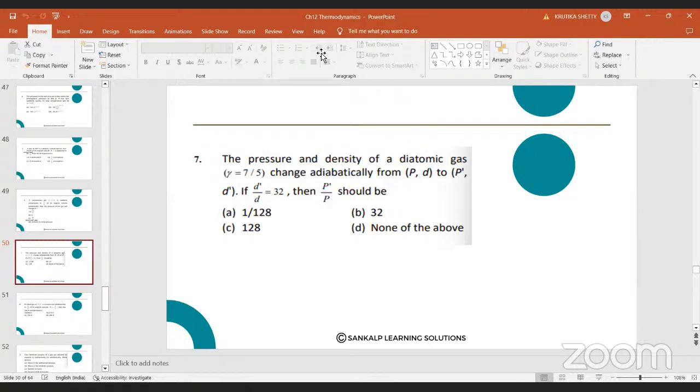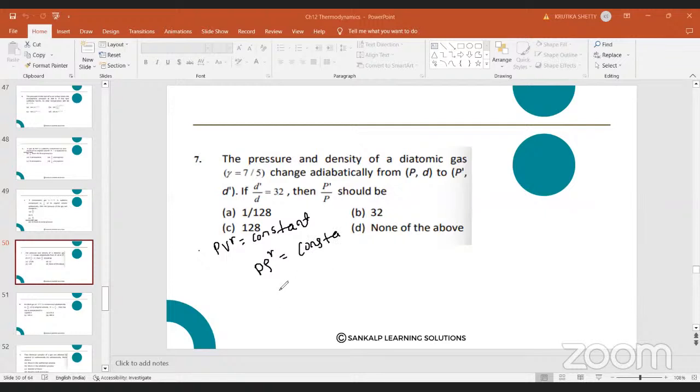Again, take the adiabatic equation. All the questions here are based on the adiabatic equation, right? Therefore, PV raised to gamma is equal to constant. Next, in terms of density we require it. So I'll make this equation P into rho, that is density, raised to minus gamma is equal to constant.